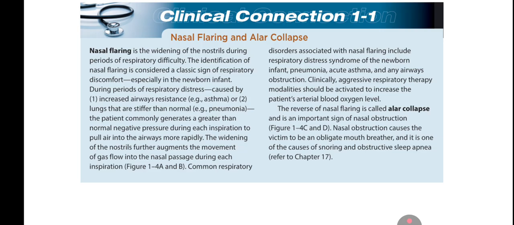Okay, so I just figured it out. Alar collapse is an important sign of obstruction. Why? Because the air can't come in properly. Let me rephrase that. Alar collapse happens because of the total collapse of the nostrils. When that happens, nasal obstruction happens. Can you visualize it now?